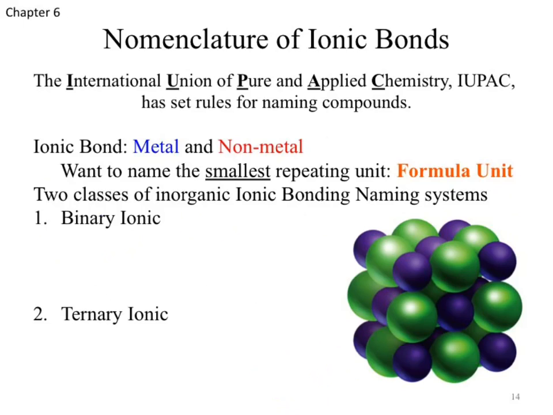So IUPAC is good because we've got these rules. The bad part about it, you need to know these rules. They can seem arbitrary at times. If you move into organic chemistry, it gets a whole lot worse as far as nomenclature goes, because it really is strict, just these are the rules. Here in Gen Chem, it's not quite as bad in my opinion. They do kind of make sense.